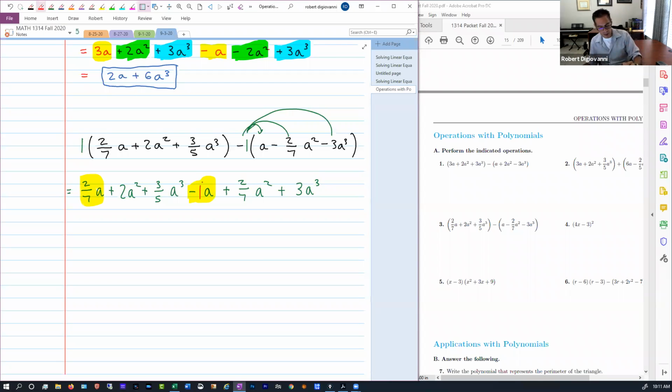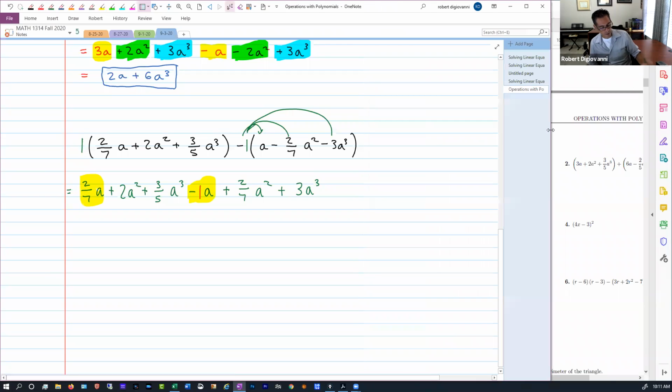So Abby has to say, okay, what is 2/7 and then take away 1? Looking at the coefficients, the numbers, 2/7 and then take away 1. So guess what? Abby has to do fractions. This is subtraction of fractions. So Abby has to turn that 1 into a 1/1 and then probably use that cross thing, right?